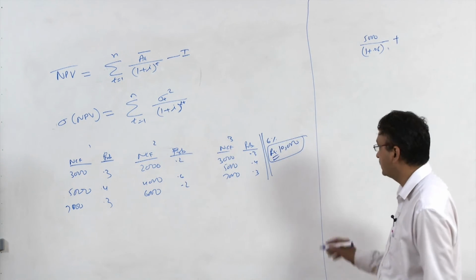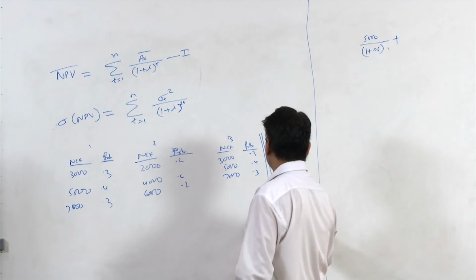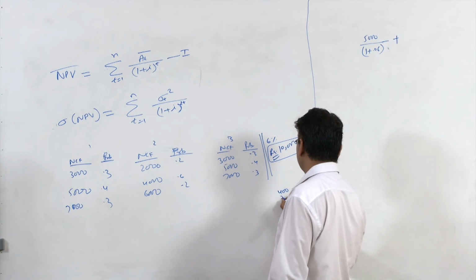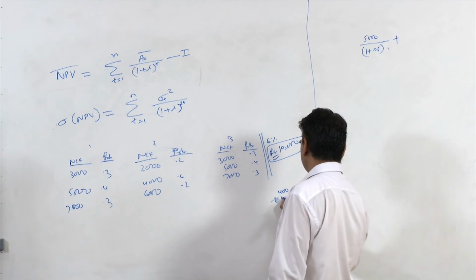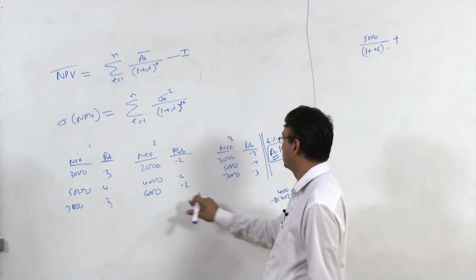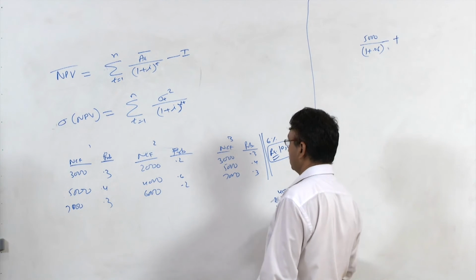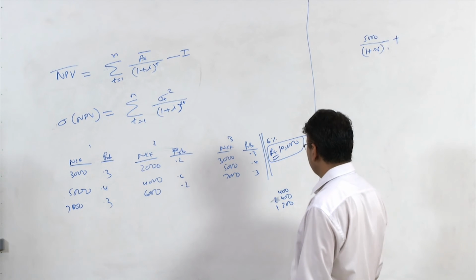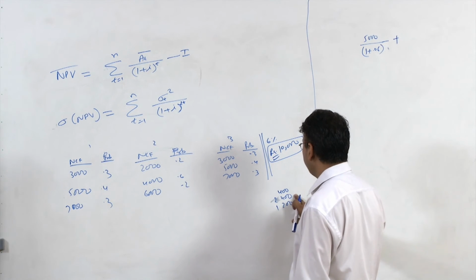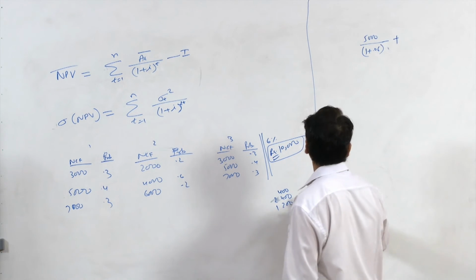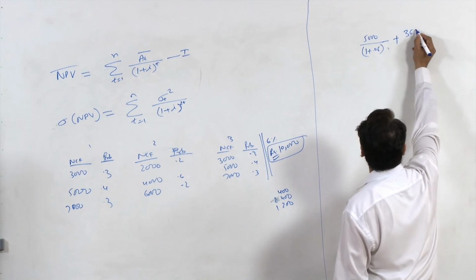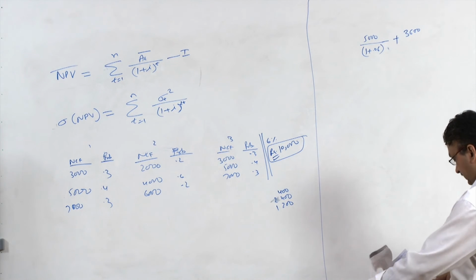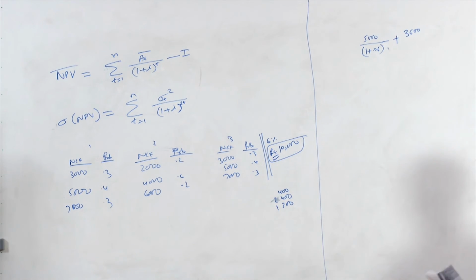Just calculate. 400, 2000, 400, so this is 2800, 3600. I think this is right. Let me check whether this is right or not. Yeah, this is actually 4000. There is something wrong.